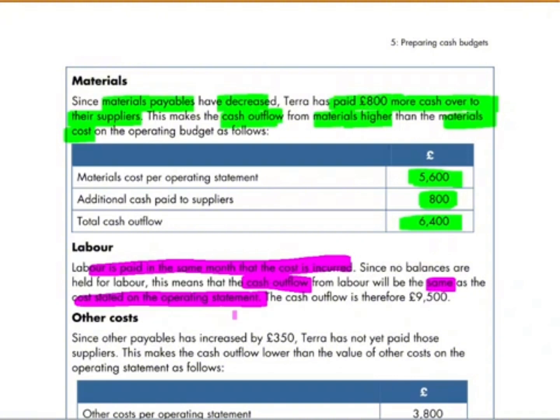So what we're going to do is show cash outflow from labour 9,500. So no balances, there are no payables, we pay labour as it's incurred in the month. So we pay the same amount of expense, and therefore we take the expense on the operating budget and put that as a cash outflow on the cash budget.